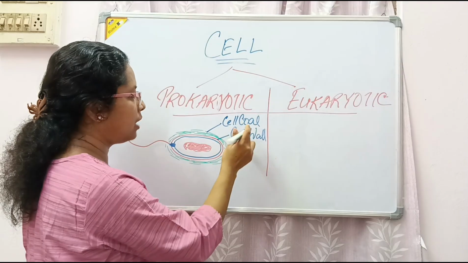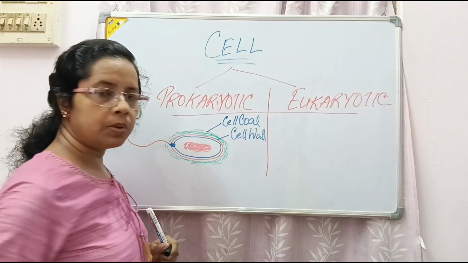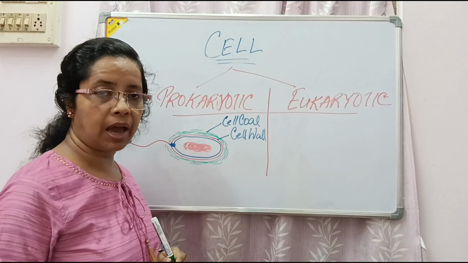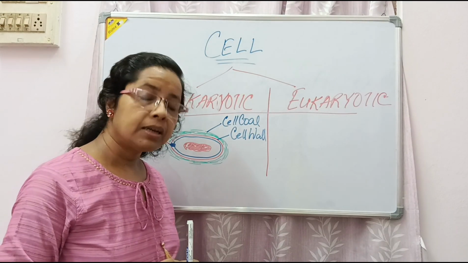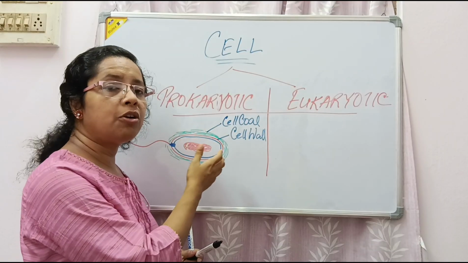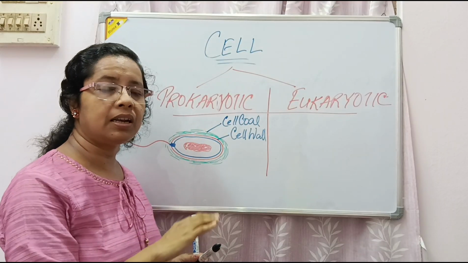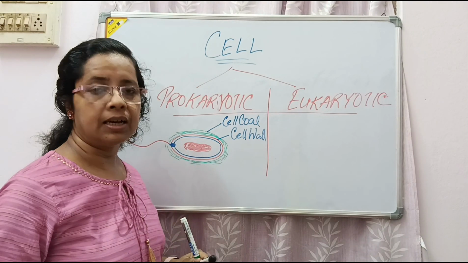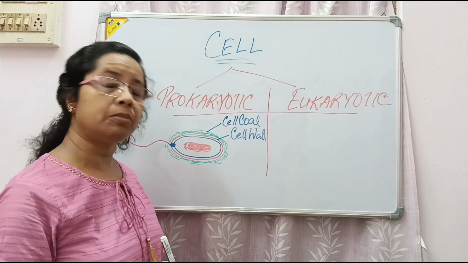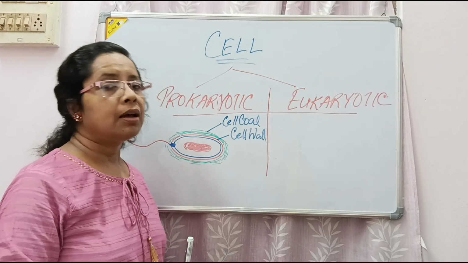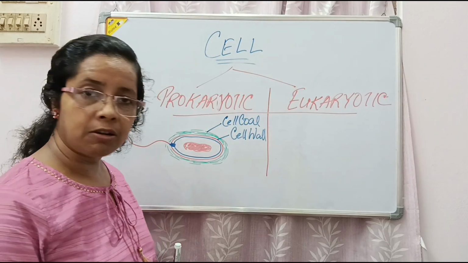Always remember that structures within a prokaryotic cell might in some cases be similar to eukaryotic cells, but the internal biochemistry and structure might vary with the variety of cells. For example, the cell wall of bacteria contains more of peptidoglycan, but in plant cells also there is a cell wall, and that cell wall contains more of cellulose.